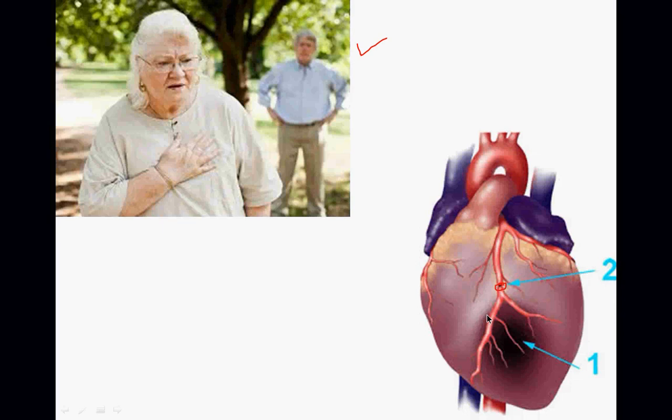In this case, the pain will last for more than 30 minutes, and it will be more severe, of course. The pain will also be referred to the medial side of the left arm, and sometimes the forearm too, and it might also get referred to the jaw and the left side of the face. So this is about myocardial infarction and angina pectoris.